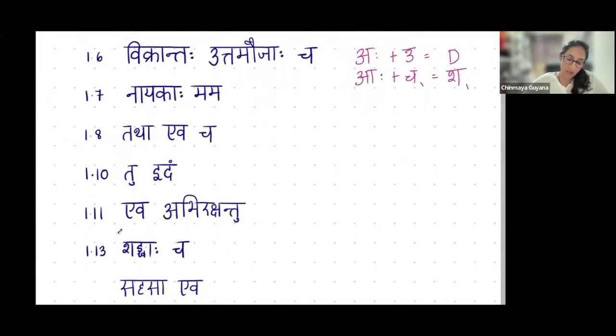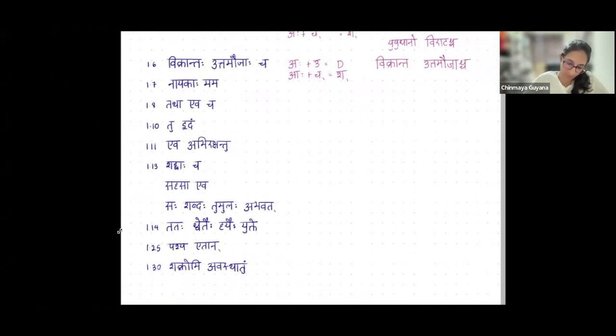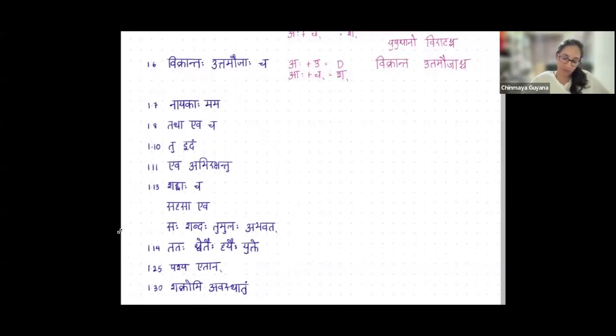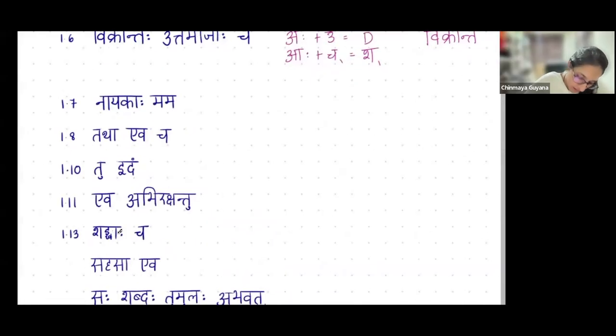Nayakaha mama. Now what happens when you have aha meeting a soft consonant? Aha plus ma halant, which is soft, equals dropped.